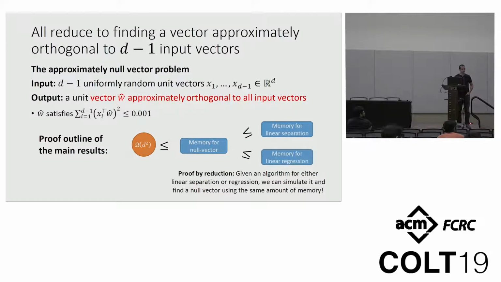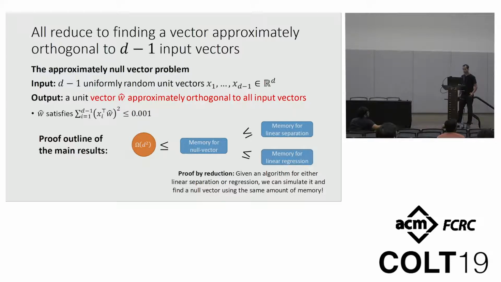Okay, so how are we going to show these lower bounds? We reduce to another problem, which we call the approximately null vector problem. In this problem, you get d-1 unit vectors, and the goal is to find a vector which is approximately orthogonal to all of them.